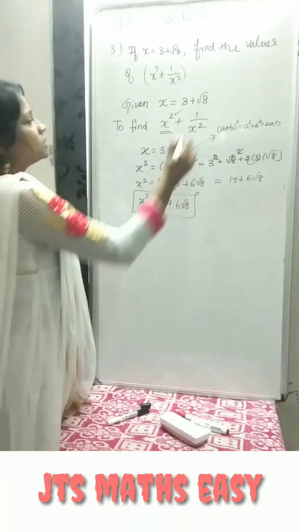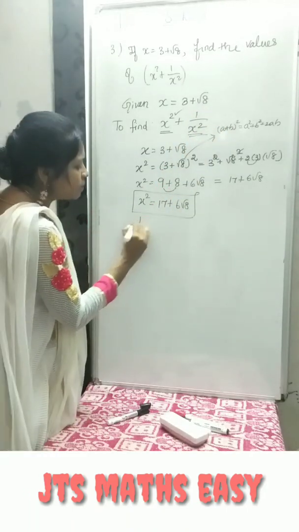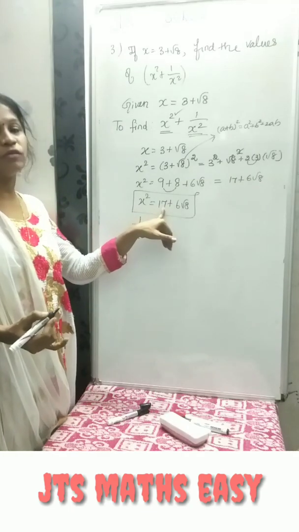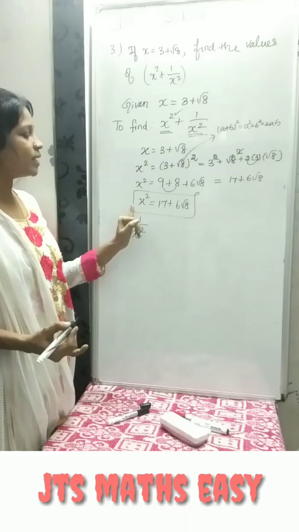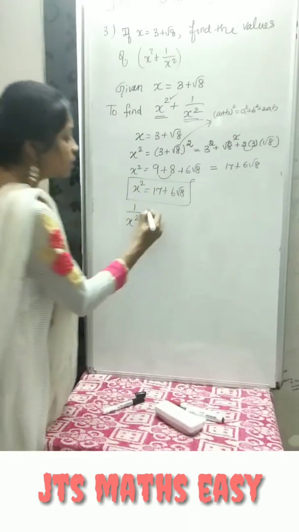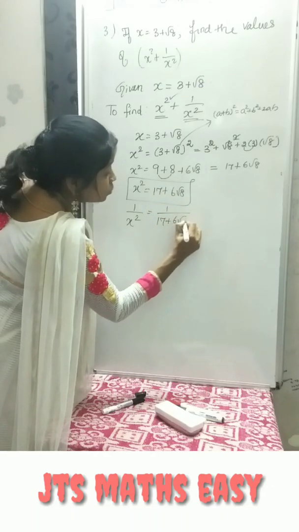Next, what is the second term we have? 1 by x square. I am just taking the reciprocal of this. If you take the reciprocal on both sides, it becomes 1 by x square. So this can be written as 1 divided by (17 plus 6 root 8).